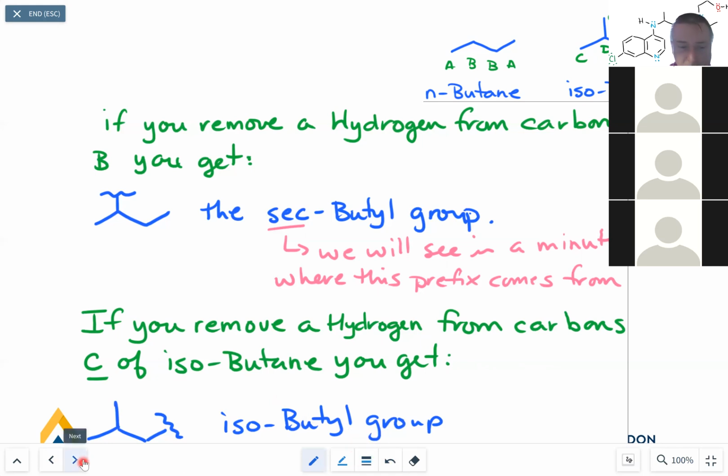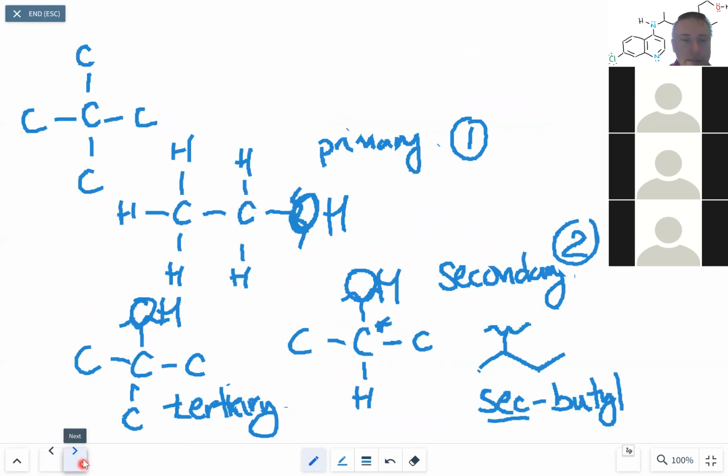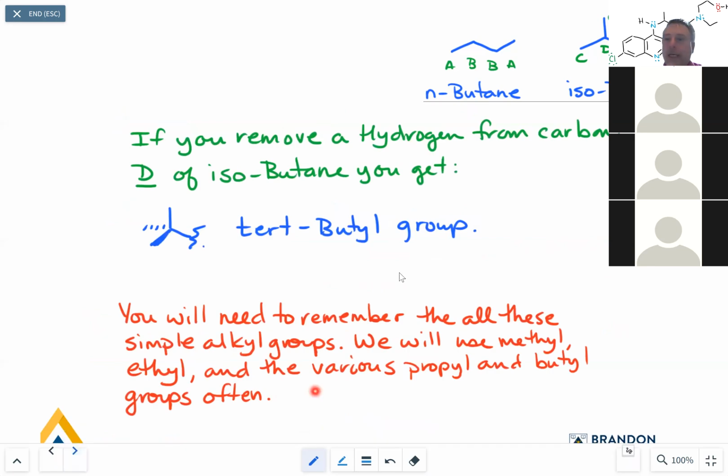Probably the most important butyl group is the one if you take the proton off this center carbon here. And this is what we call the tert-butyl group. So this carbon is bonded to 1, 2, 3 carbons. So it is a tertiary carbon. So we call it the tert-butyl group. And this group is really quite important.